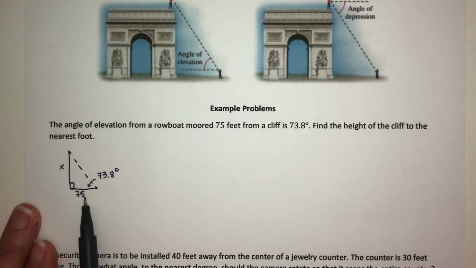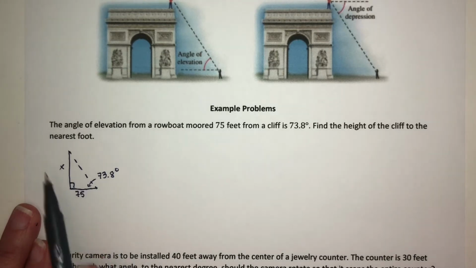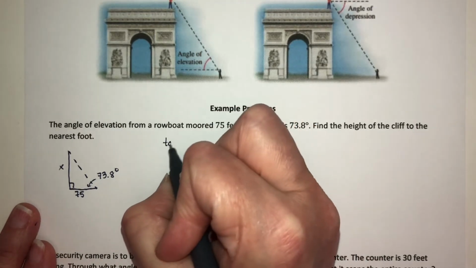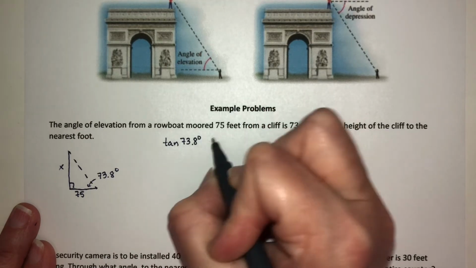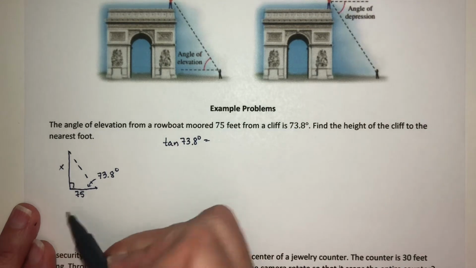So what is the relationship between this angle and these two sides? Well, these are opposite and adjacent, so I'm going to use tangent. Tangent of 73.8 degrees is equal to x over 75.